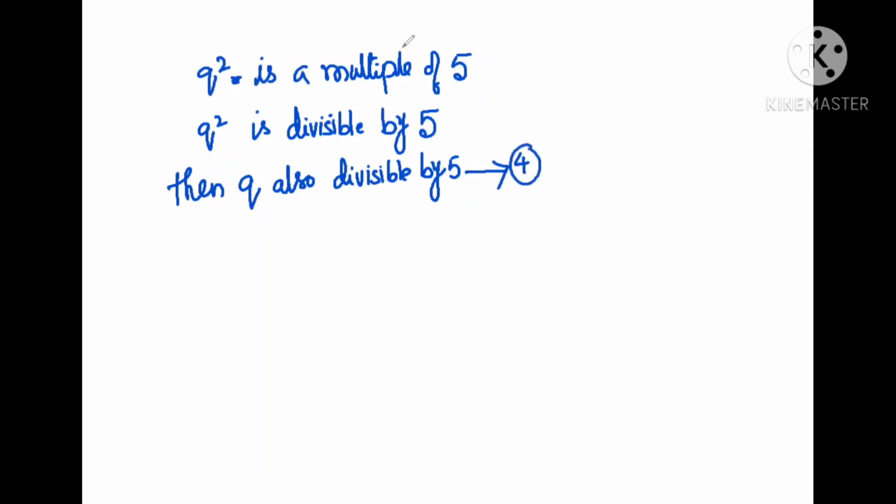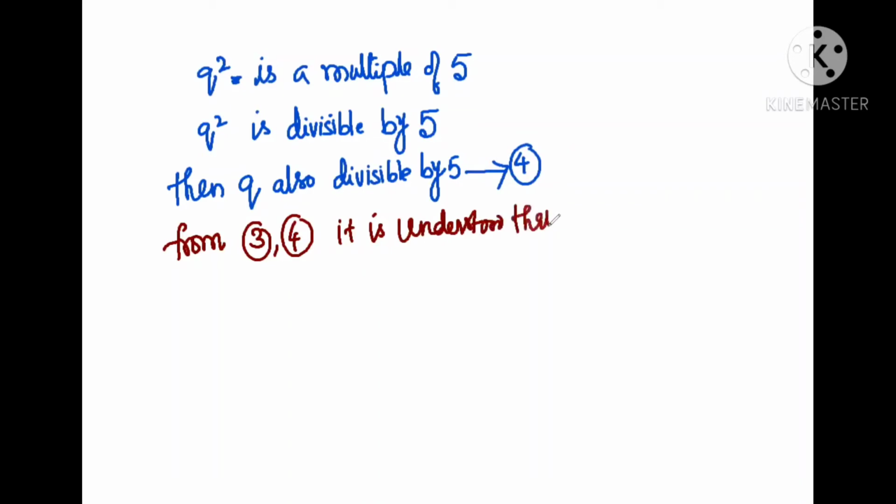From 3 and 4, it is understood that p and q are divisible by 5.